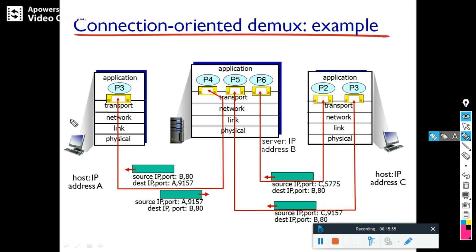Let me explain. Process P3 is connected to process P4 of the other machine. So when the information moves, it moves along with the IP address: source IP, source port, destination IP, destination port. So you can understand this better.